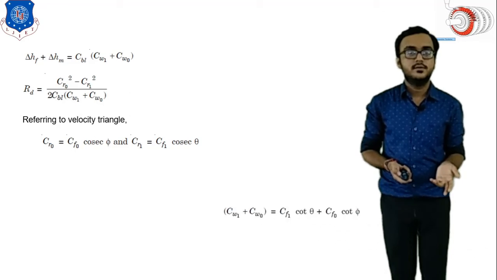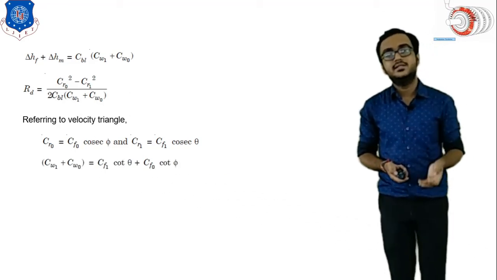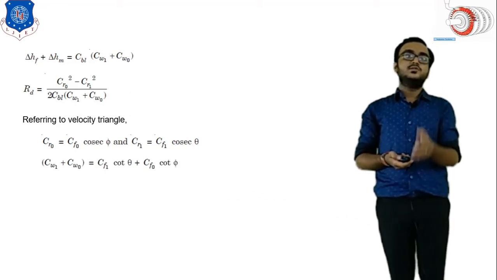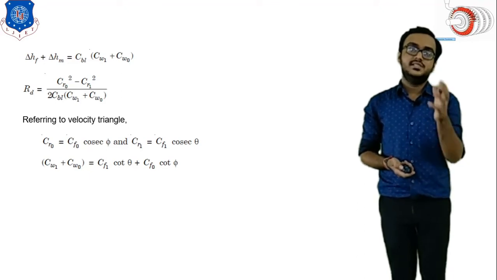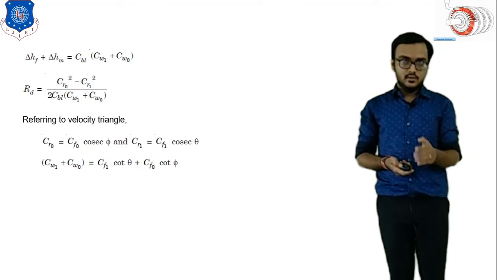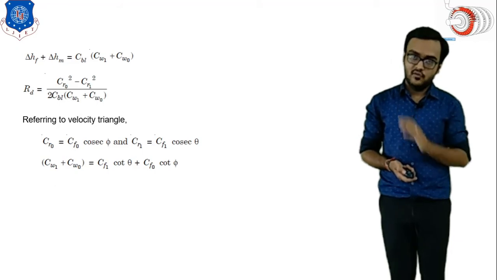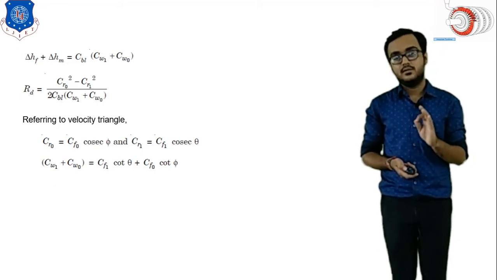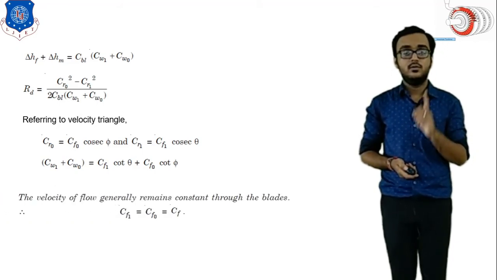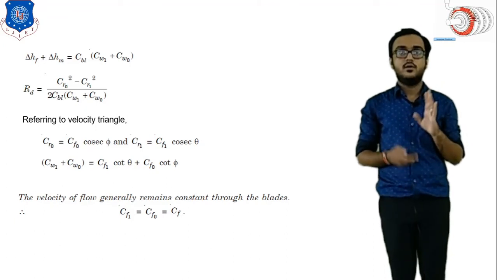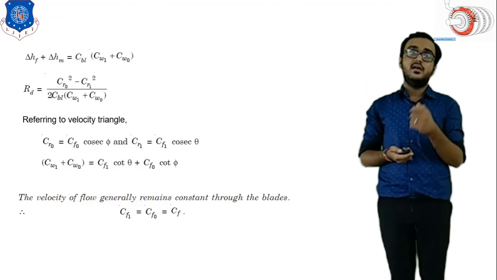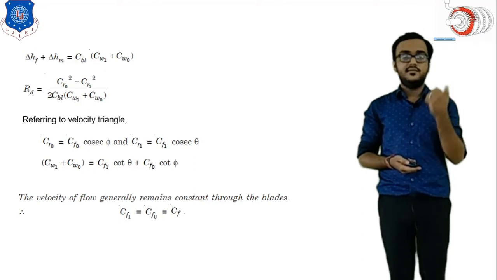Then you can write Cw1 plus Cw0 is equal to Cf1 cot theta plus Cf0 cot phi from the triangle. Keep the velocity triangle in your mind, or just recall the velocity triangle that we covered in our previous session.